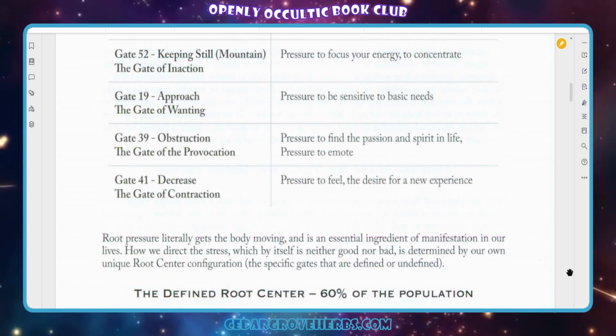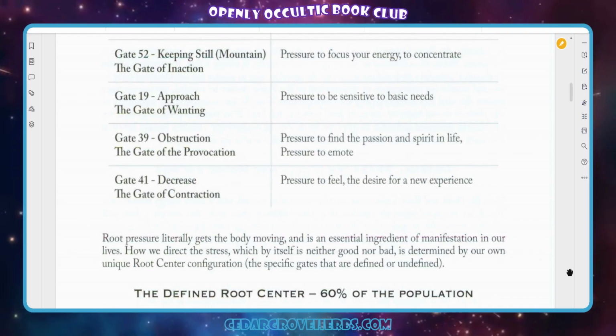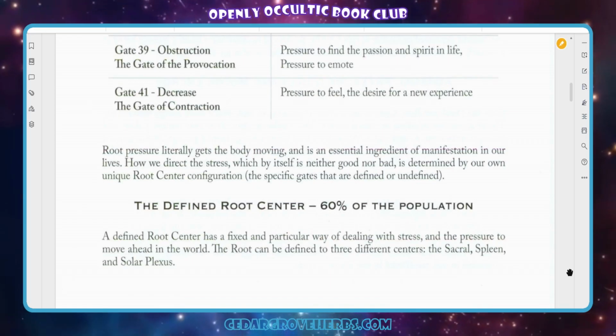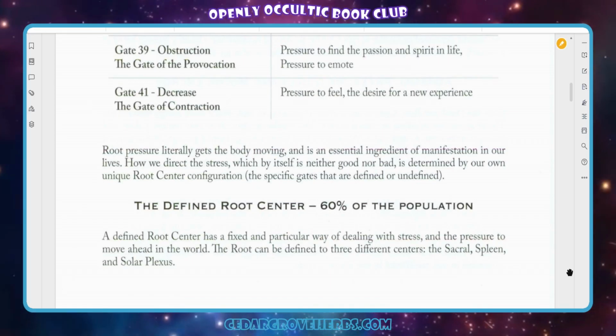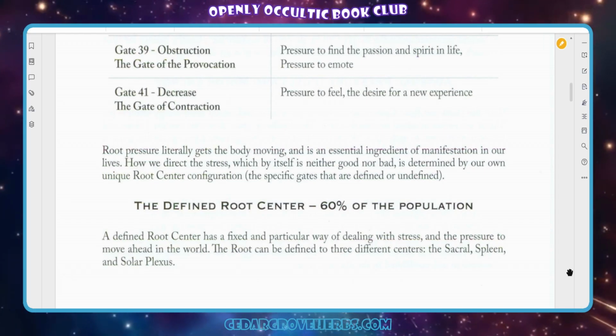Gate 41, decrease, the gate of contraction, pressure to feel, the desire for a new experience. Root pressure literally gets the body moving and is an essential ingredient of manifestation in our lives.